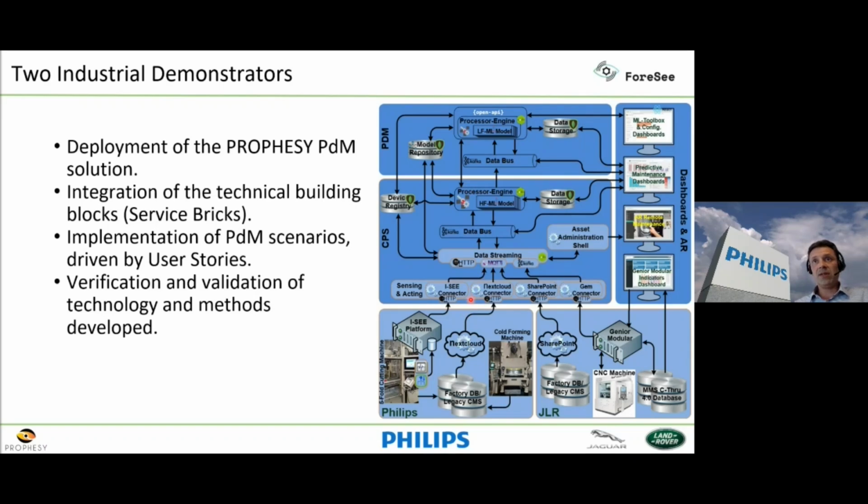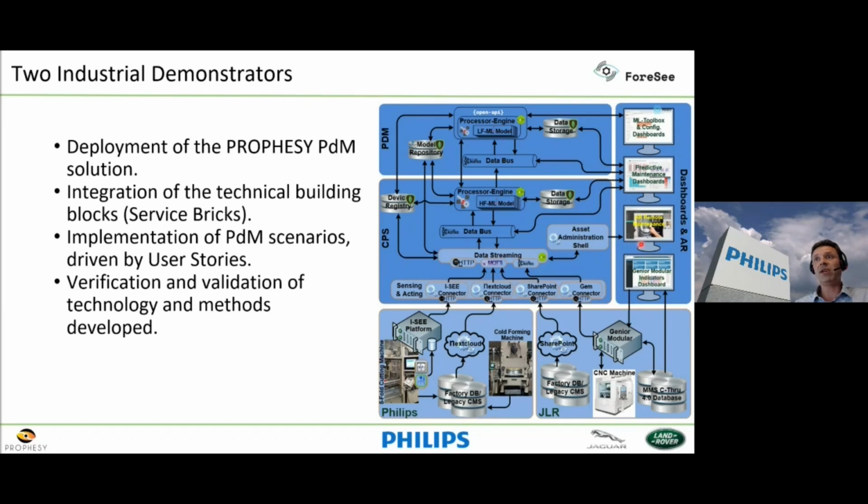So data from our existing IT systems has been fed to the, well, as we call it, the cyber physical system of the Prophecy platform. But also data from Jaguar Land Rover has been collected and processed in the Prophecy platform, as well as presented on different kinds of dashboards using the outcome of the algorithms in visualizations.